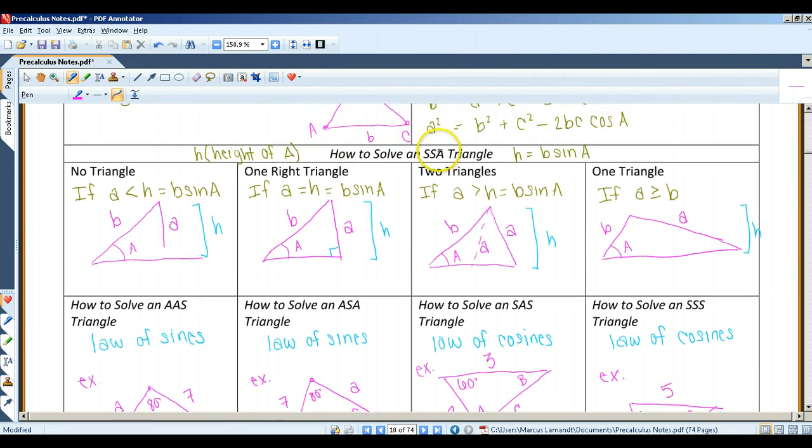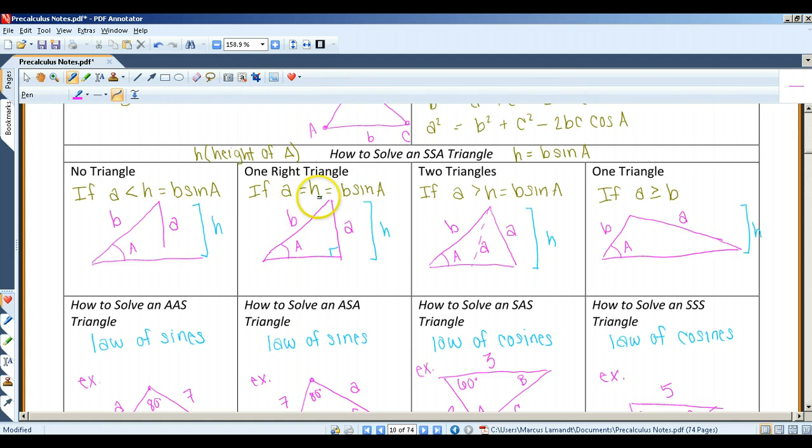Now, SSA is called the ambiguous case because there are different possibilities depending on the conditions that you're given. If your a term is less than h, where h is the height and h equals b times sine of A, then no triangle is possible because a is going to be too short to reach the base.